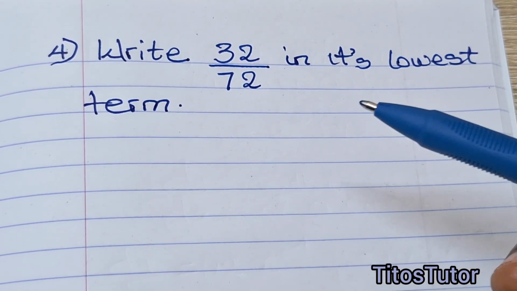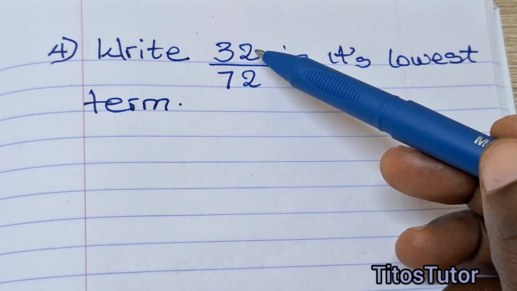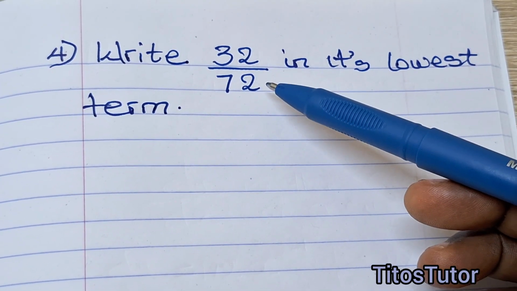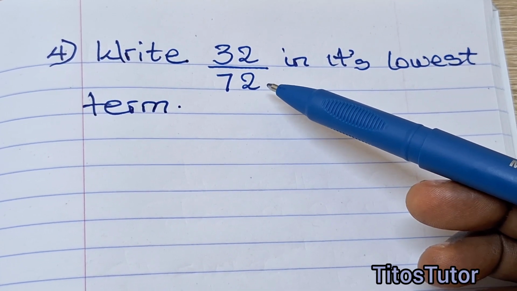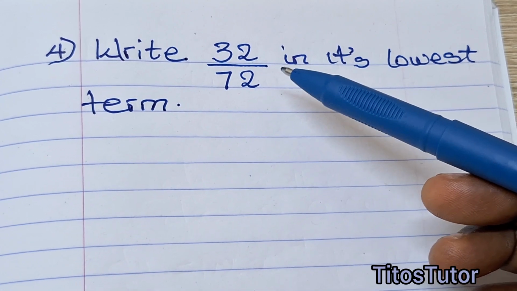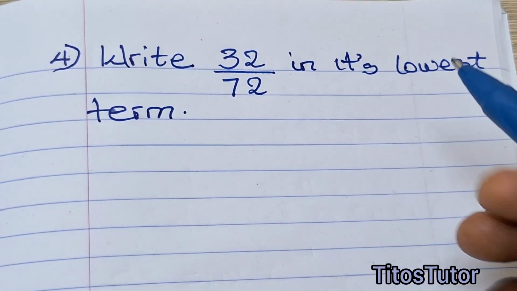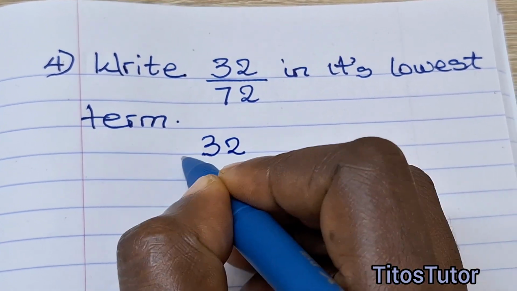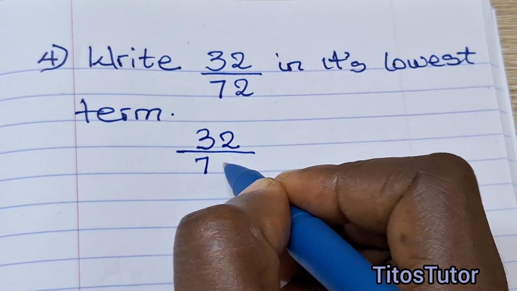But the trick is this. Whatever you divide by for the numerator is the same number you're going to divide for the denominator. That's the only way you can break down a fraction to its lowest term. So let's dig into it. This is 32 over 72.